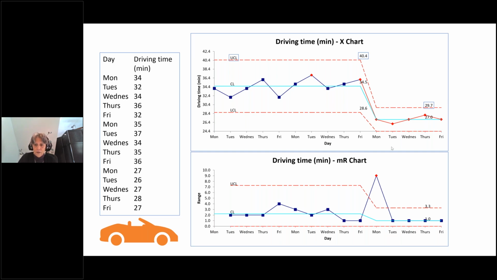And there's also the accompanying moving range chart, which also shows that there was something kind of distinct that happened that last week, and then it kind of stabilized.